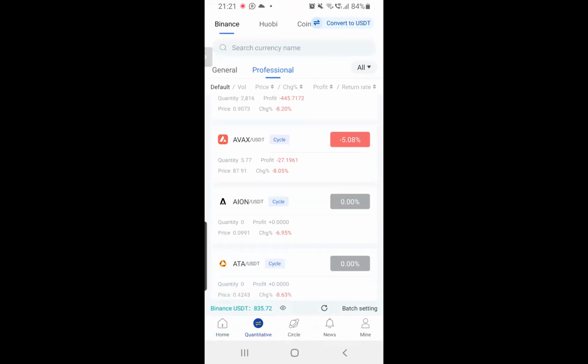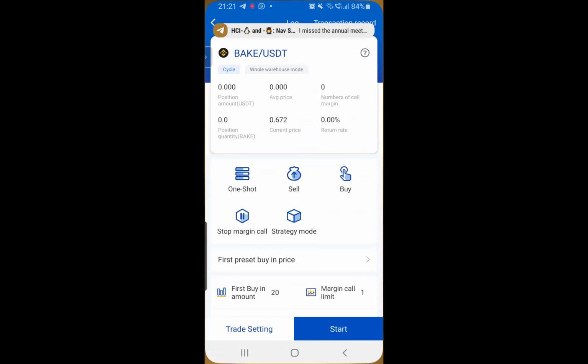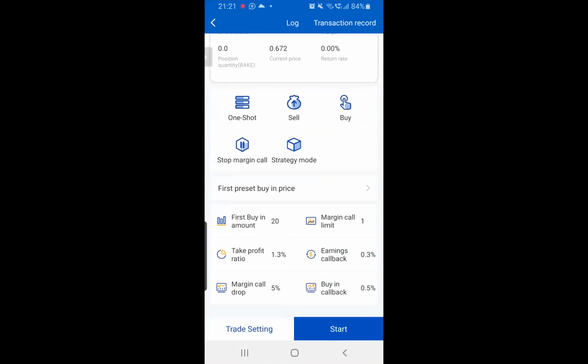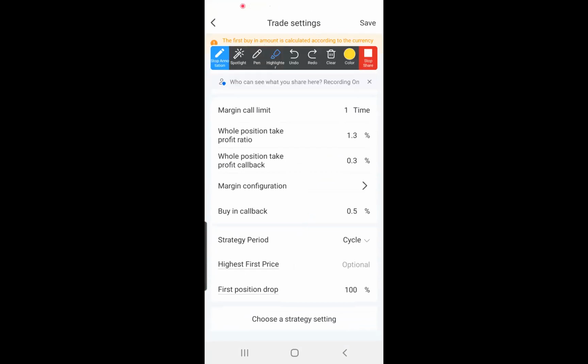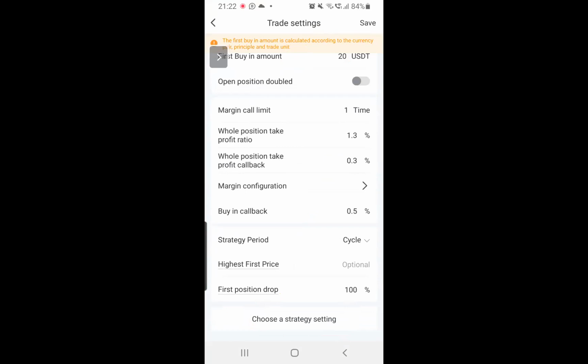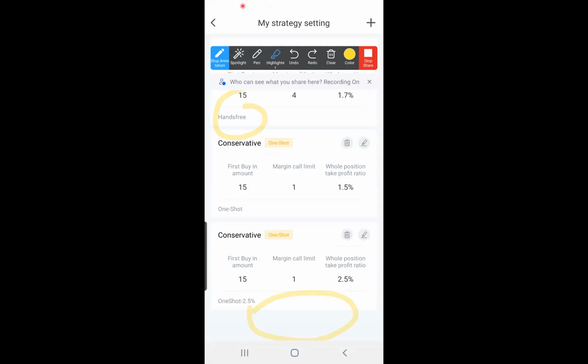One more thing you want to make sure. Let's go to bake, for instance. When you go to bake, click on setting, go down here, choose a strategy setting. So I will choose the one I created now, which is hands-free.